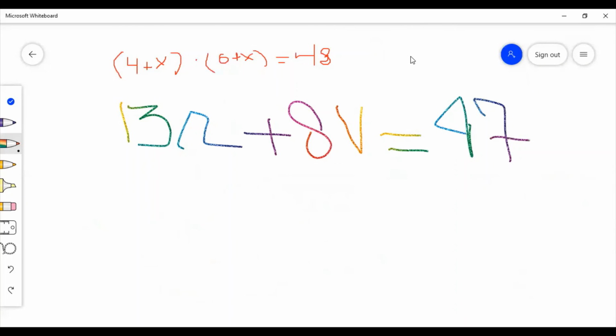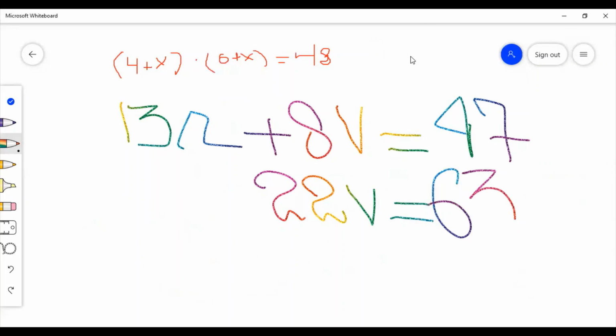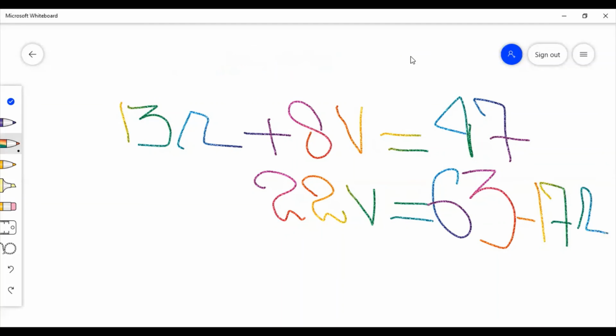The second equation is 22V equal to minus 17R. Please write this down because you will have to solve this. You can use a paper.